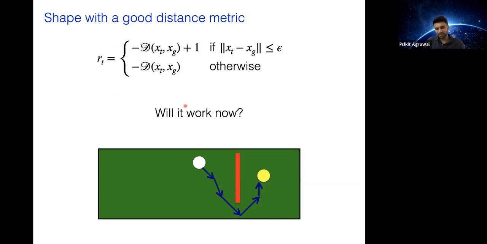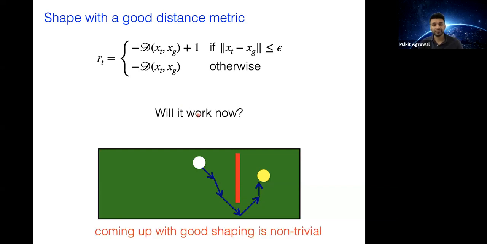For example, I can discretize this grid, do a depth first search or a breadth first search, and construct a graph, and then I can count the number of edges in the graph from the white dot to the yellow dot, and that would give me a distance metric. But this becomes an involved process, right?